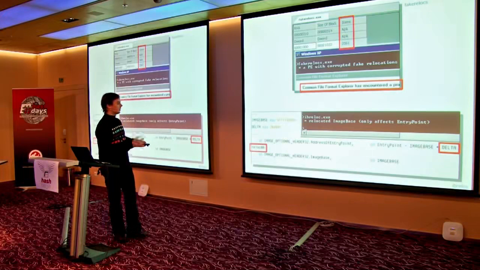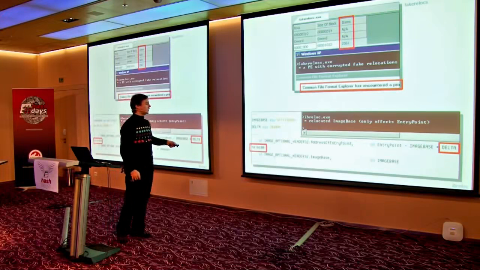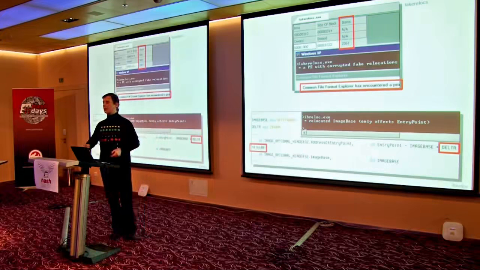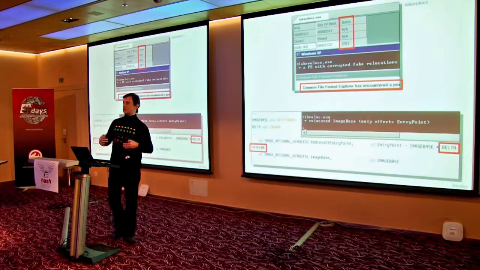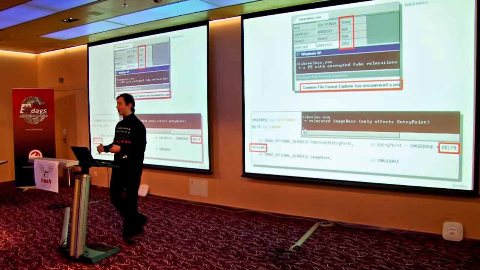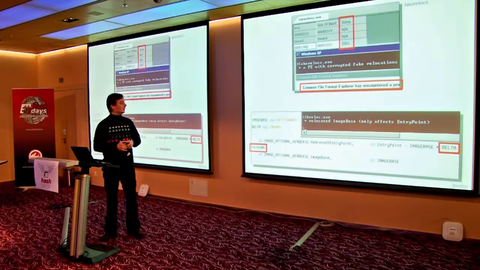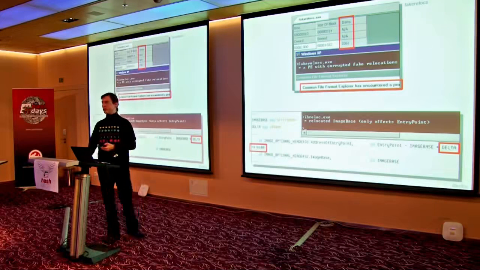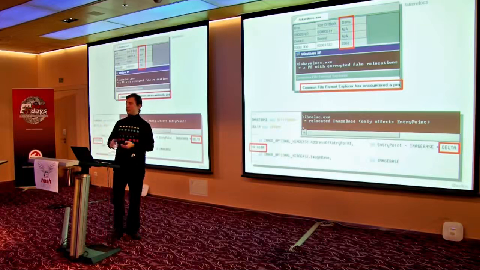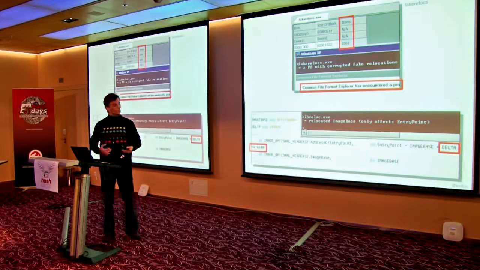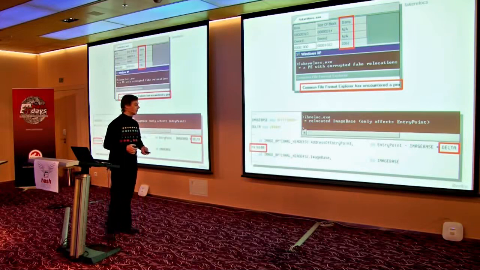Another funny trick, actually it's already documented, is that if you perform a relocation on the image base itself, the image base is decided by the OS itself. So usually you wouldn't modify the image base yourself because the OS already decides what value it will have.